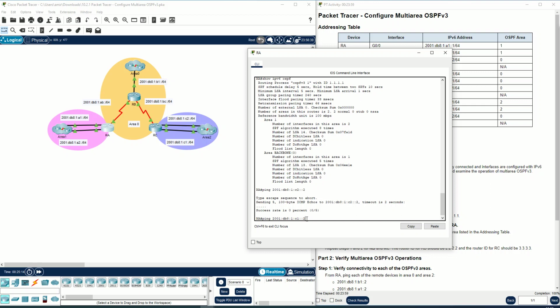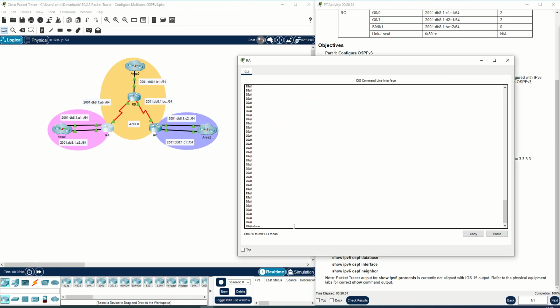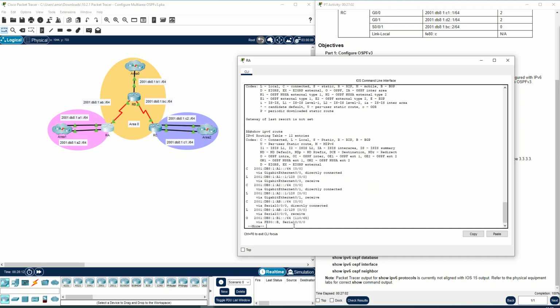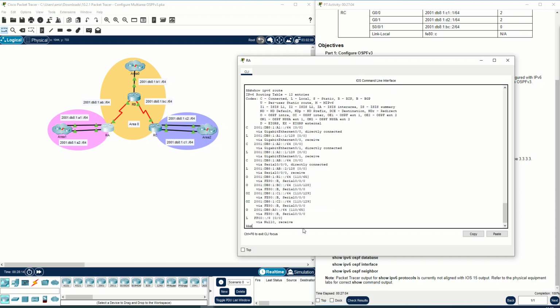Okay. What I want to show you in this ping is that I cannot ping the IPv6 address. It's a troubleshooting.